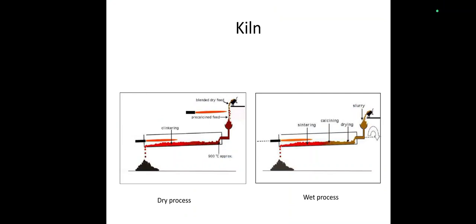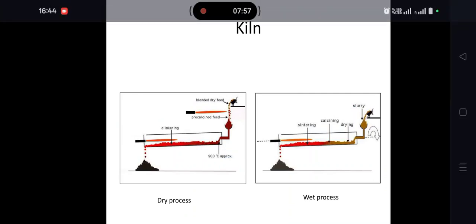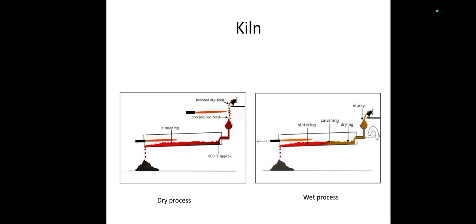When we compare dry and wet process, in the wet process the slurry should be heated so that the water evaporates first, and only after that will the fusion happen at high temperature. But in the dry process, it is already dry and already heated to some temperature in the preheater. So with less time and less effort we can make that fusion easily.